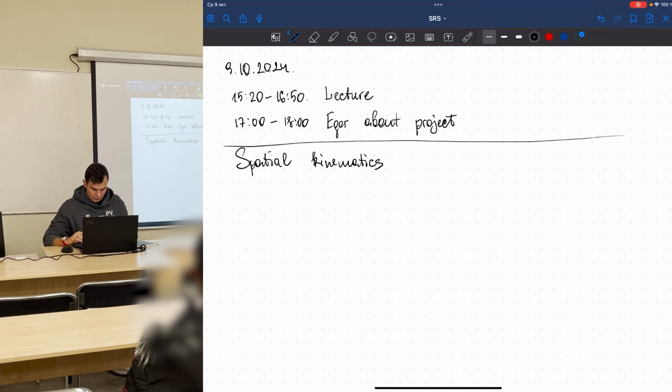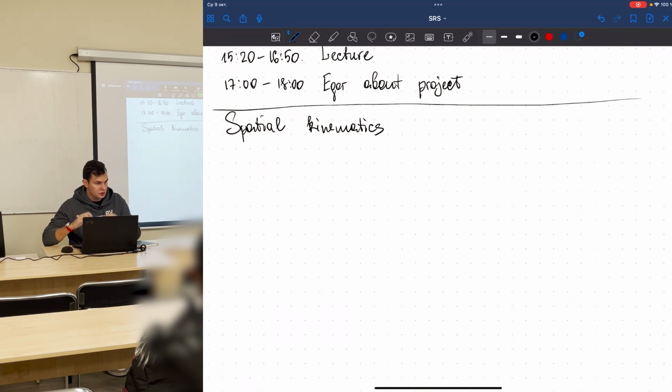But before we proceed, let us remember what we have done so far. We have covered modeling, the act of creating a model. We have done a model of mass spring damper.